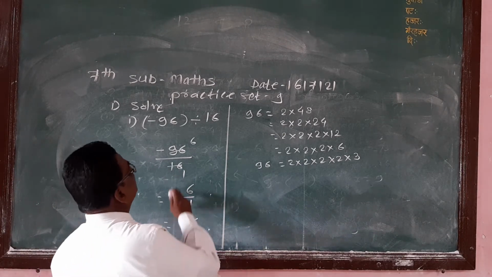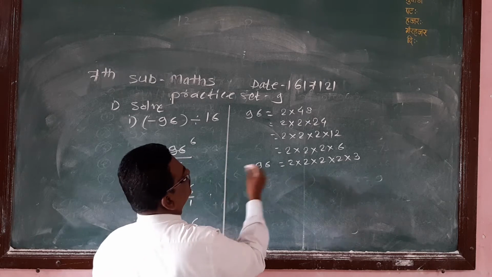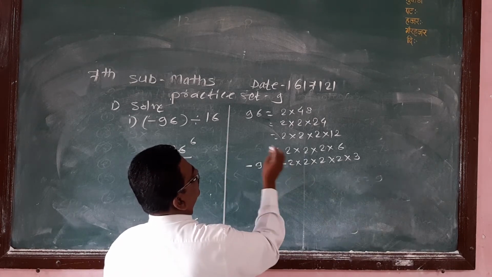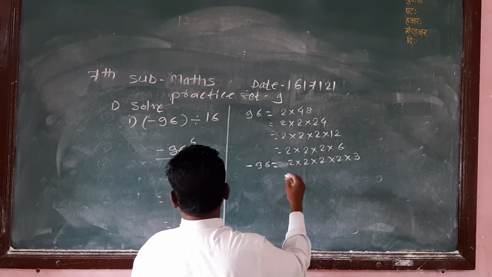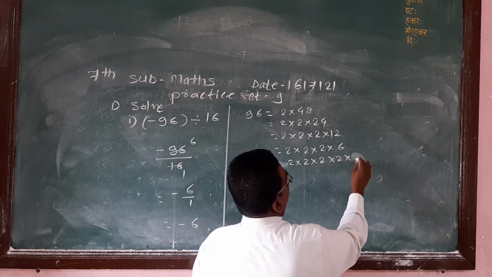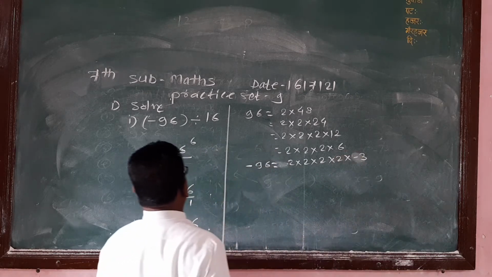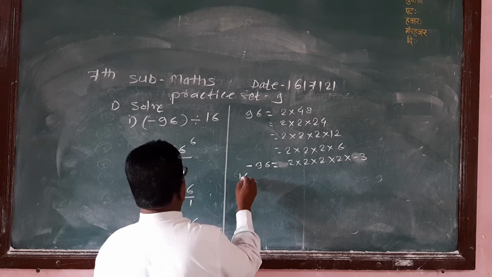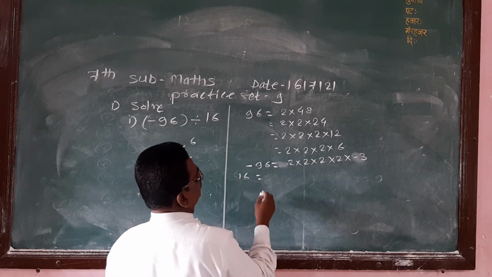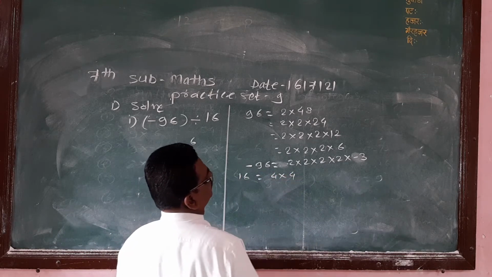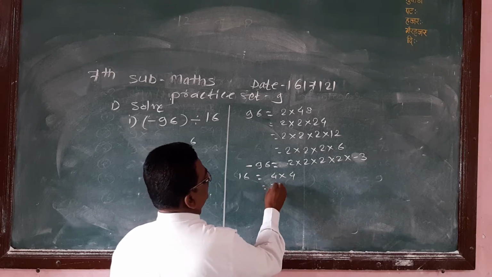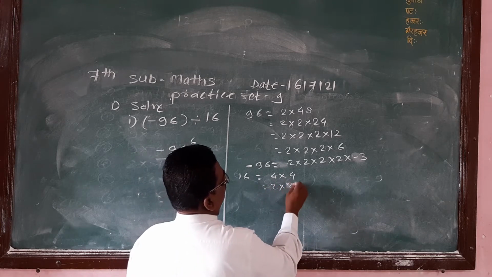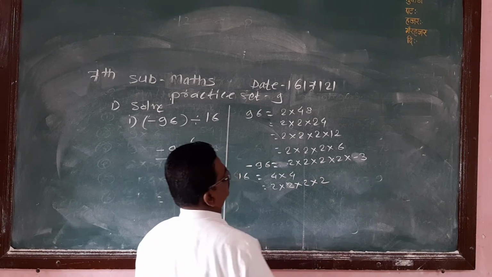So it is negative, -96. Now 60 is equal to 4 into 15, that is 2 into 2 into 3 into 5.